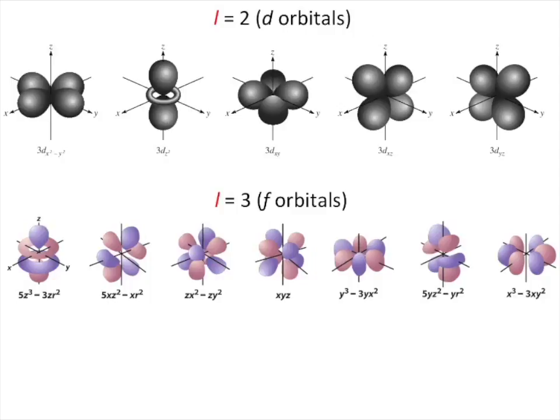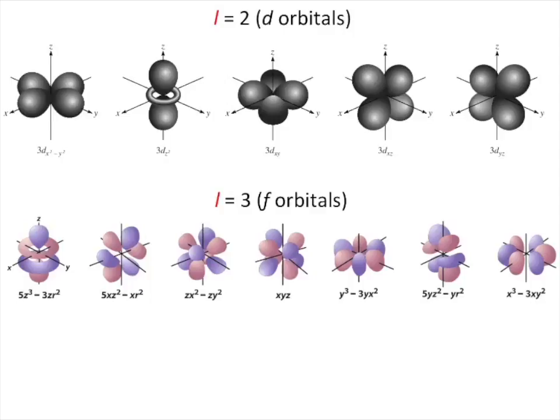I should say something about the colors here, which is that technically your wave function has a sign associated with it, and you'd have both positive and negative signs in different parts of the atom. When you square it to get probabilities, that doesn't matter anymore. But still, when people draw these shapes, sometimes they'll draw them in different colors to denote that there are different signs of the wave function here.